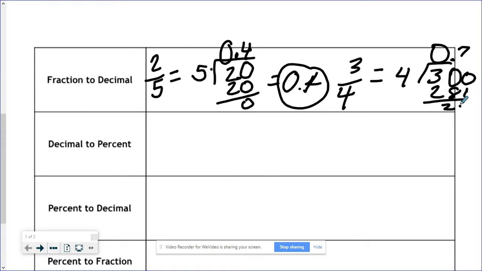I'm going to bring it down. 4 goes into 20 5 times. 5 times 4 is 20. And I'm at 0. So 3/4 as a decimal is 0.75. Which most of you already knew. Again, if you already have it memorized, you don't have to show me math. That's common sense. You know what it is.